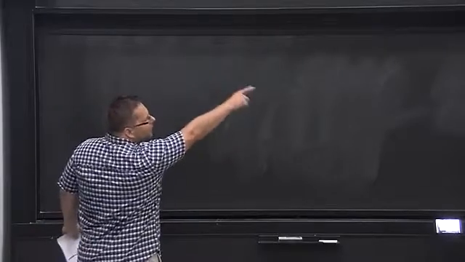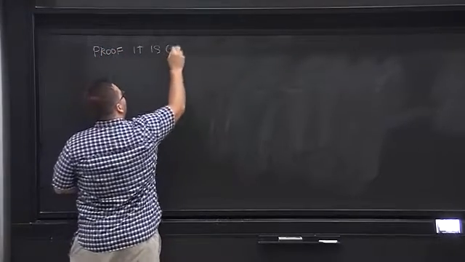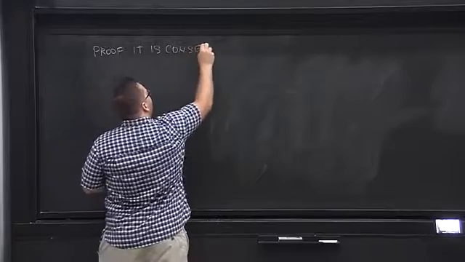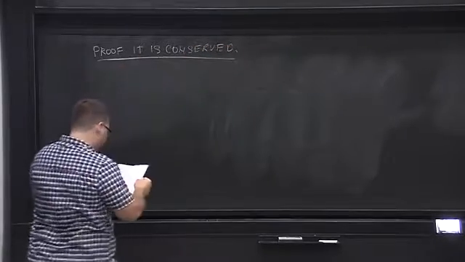But once we have that integral of motion, it's typically very simple to check that this is really conserved. So let me do it. Prove it is conserved. It's a one-line calculation, otherwise I wouldn't be doing it.